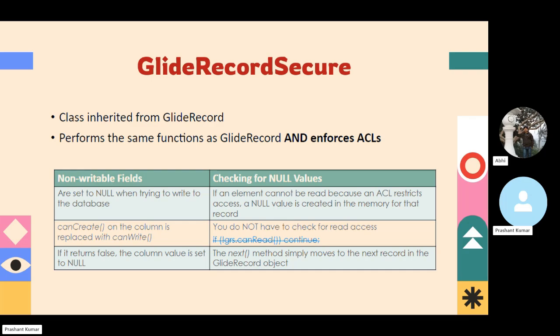This will not be utilized much, but you can try or practice it. It will work similarly, but the only difference is GlideRecord secure will apply your ACL also. If you don't have access to a specific record, then you will not see that record under GlideRecord secure. But in normal GlideRecord, you will see that record.